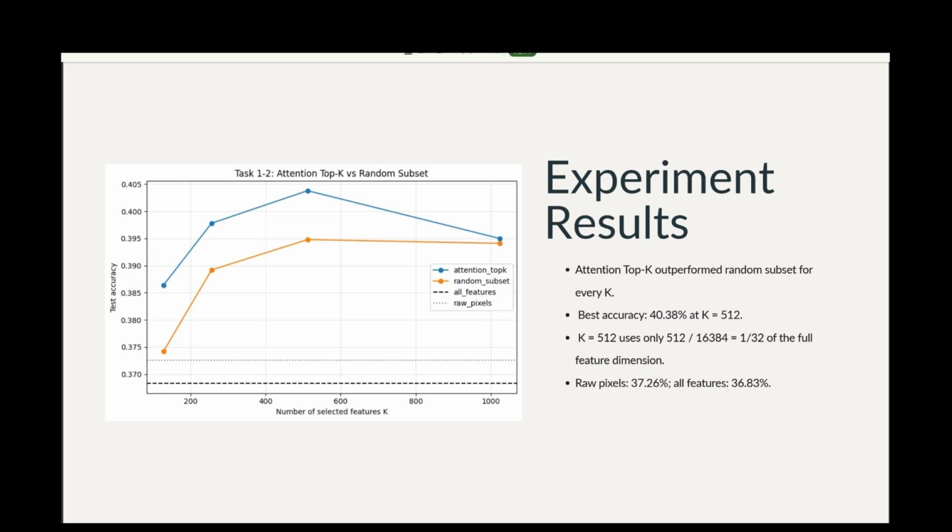Another interesting result is that the full random feature model achieves 36.83%, while the raw pixel baseline achieves 37.26%. So the full random feature bank by itself doesn't clearly improve over raw pixels. However, after feature selection, the selected random butterfly features outperform both baselines.